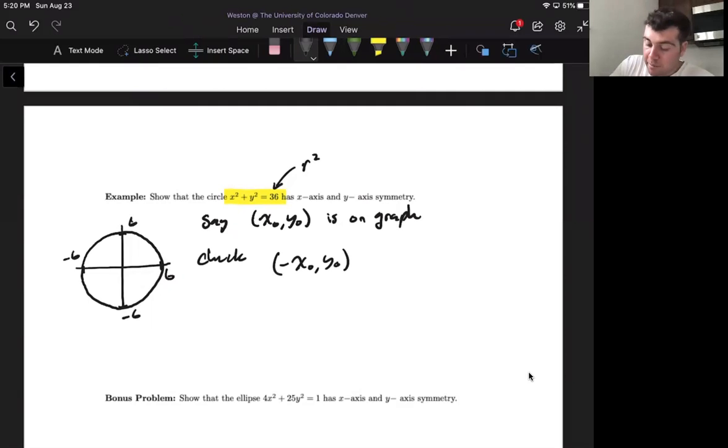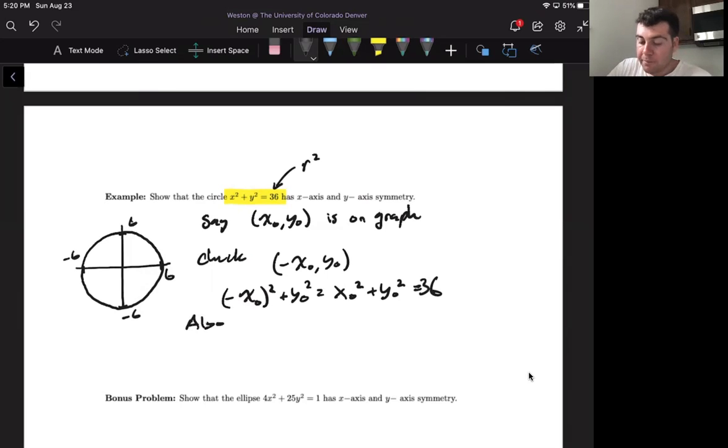So we just plug it in and we get negative x naught squared plus y naught squared equals x naught squared plus y naught squared. And since x naught comma y naught is on the graph, that tells us that this also has to be on the graph, so that has to be 36. So therefore, we know we have y-axis symmetry.